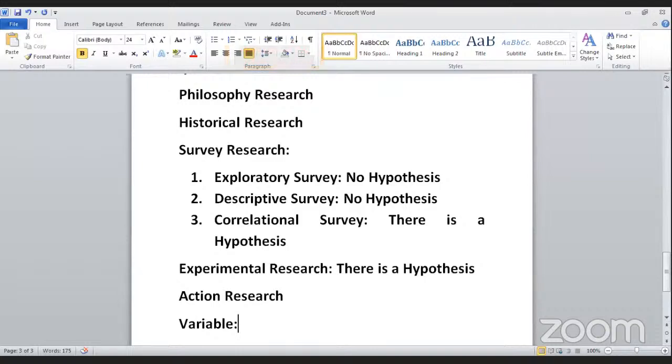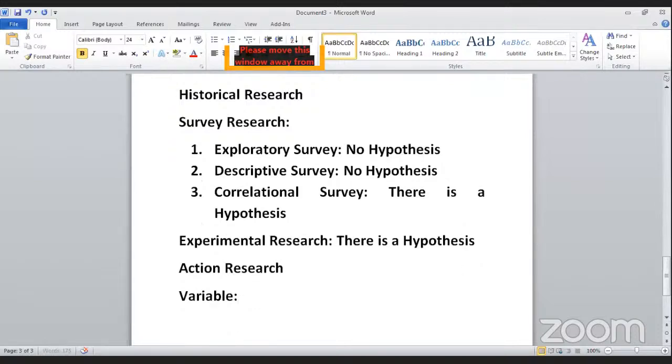Hemoglobin is a variable. Stress is a variable. Anxiety is a variable. Personality is a variable. Like this, achievement in economics is a variable. Achievement in education is a variable. Achievement in mathematics, and so on. There are so many variables. And these variables are basically of two types.